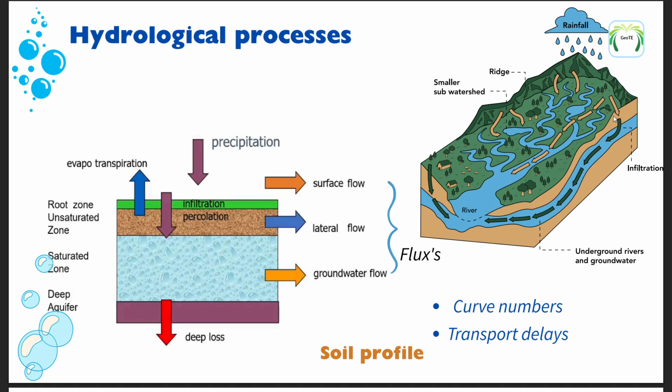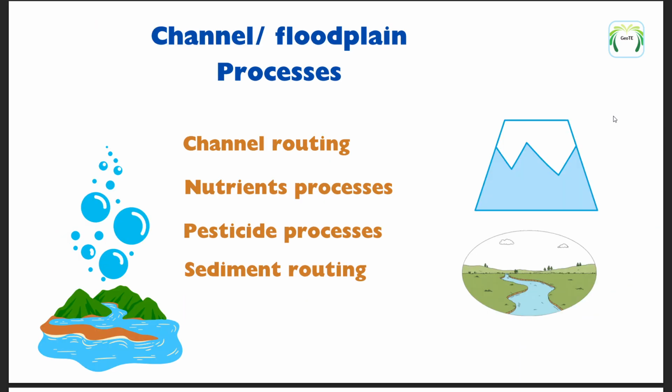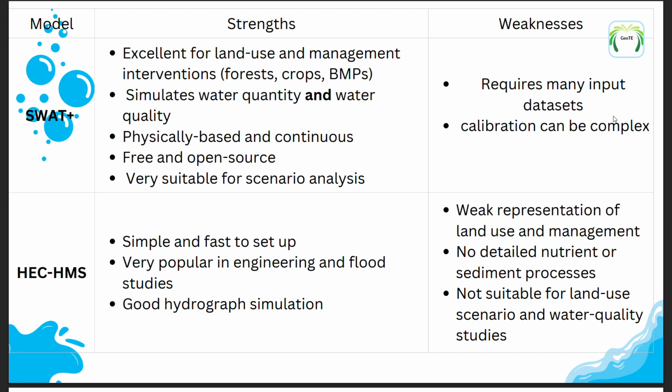We also learned about the hydrological processes in the soil profile, and we'll see them in the output today. We just did a theory check on weather as well, so we'll be interacting with weather data today. Yesterday we also learned about channel and floodplain processes. This includes flow or transport of nutrients and sediment in the channels.